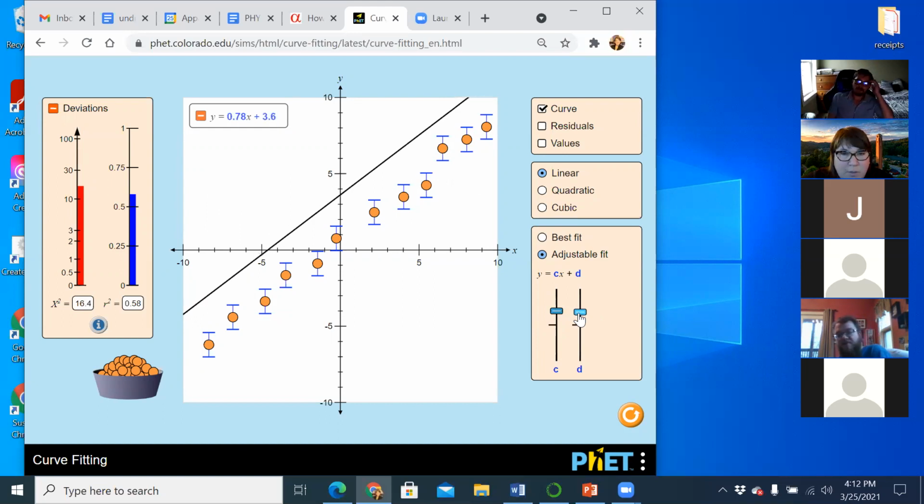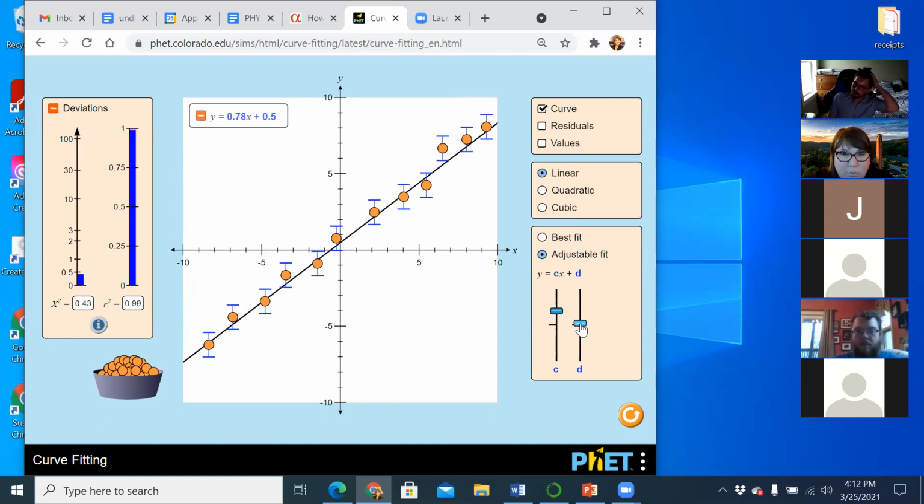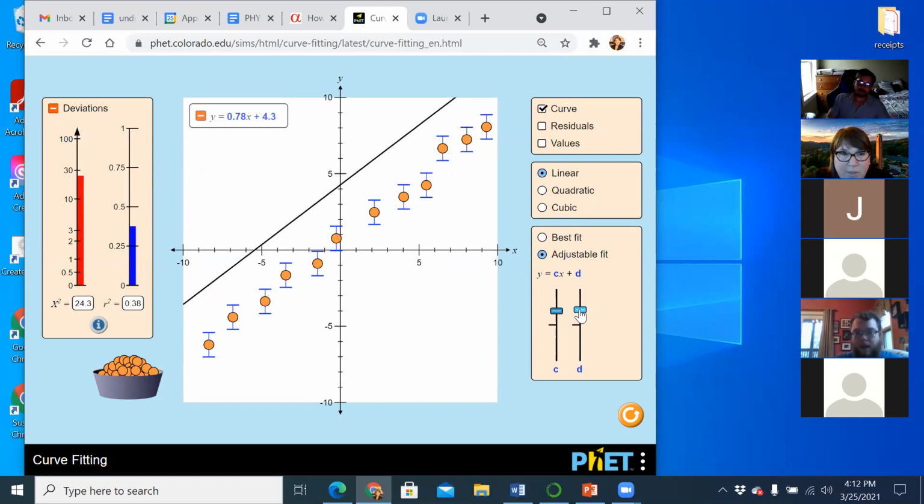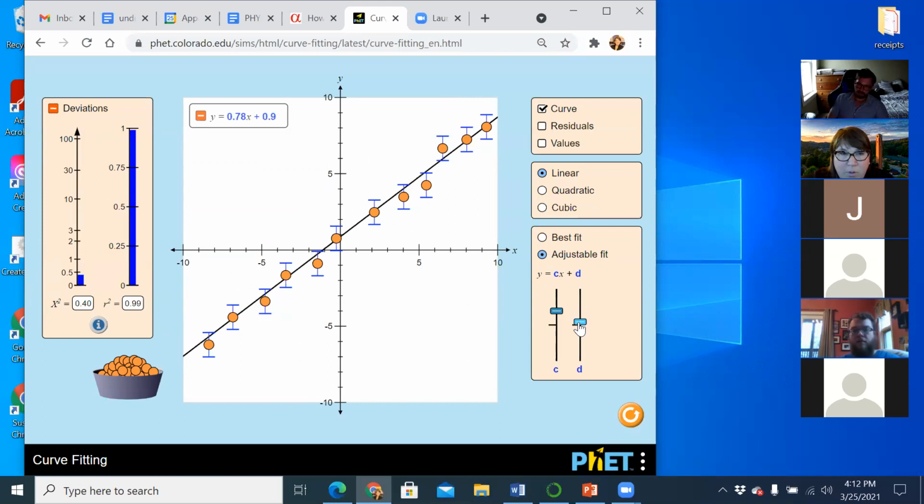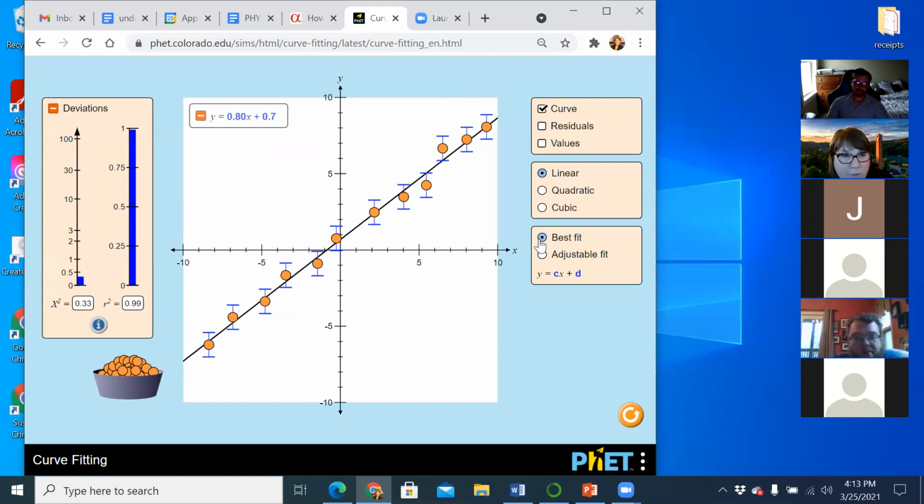And then I can adjust my d value to get it to fit better inside those points. And while I'm doing this, my r squared and chi-squared are changing in real time. And if I want to get the very best fit, I'm going to move my y-intercept down to go through the middle and adjust my slope to get the smallest chi-squared, which I think we are there now. Pretty close to the best fit.